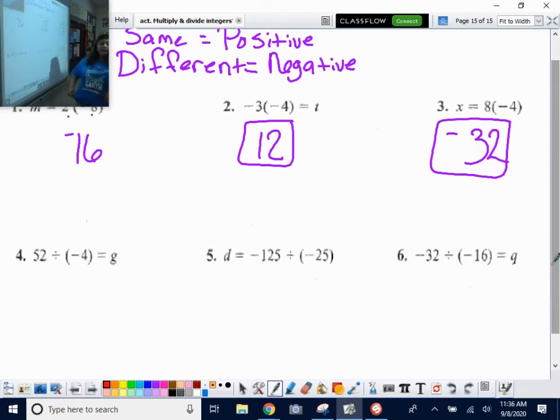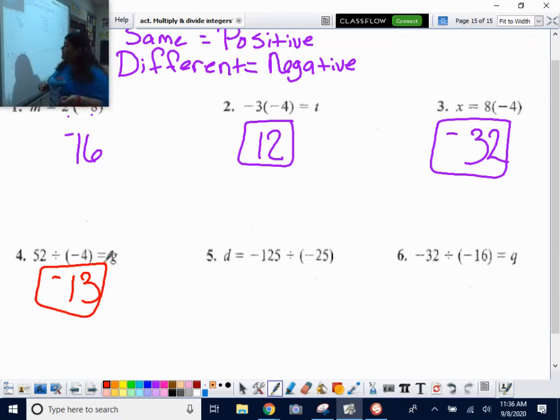Now we're in division. Same rule. 52 divided by 4 is 13. Look at your signs. Are my signs the same or different? They're different, so my answer is a negative 13. 125 divided by a negative 25.